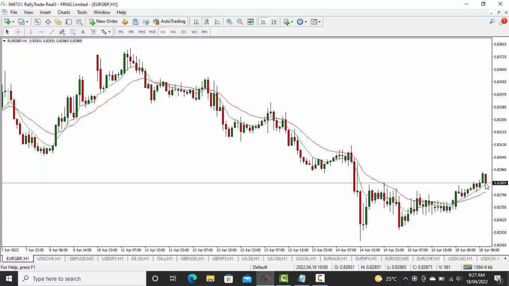So the H1 is our anchor chart. It helps us to understand the direction the market will likely move to. And as traders, we have been taught that the trend is our friend, that we should not go against the trend. So the H1 being the anchor chart helps us to know the trend in the market, helps us to identify who our friend is, which is the trend, which is the direction of the market.